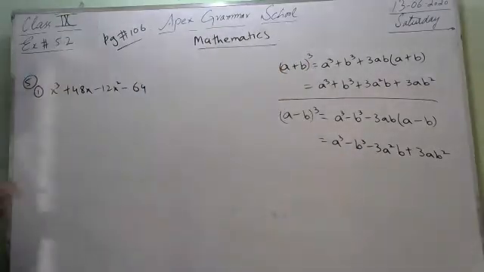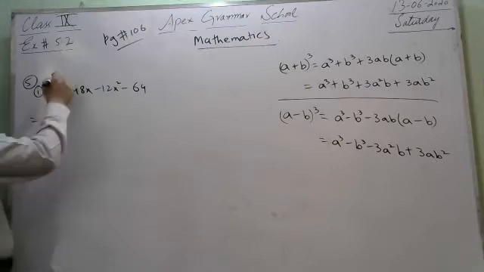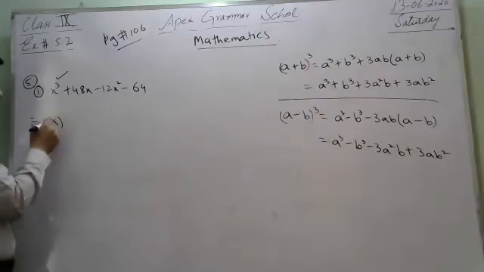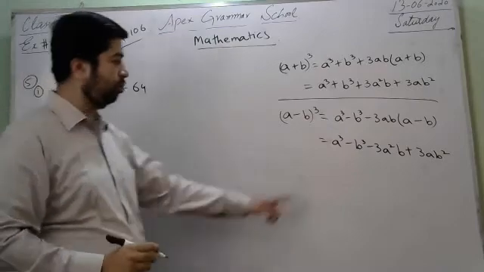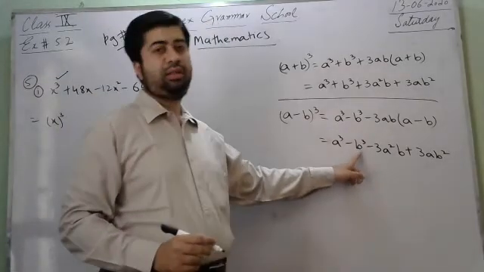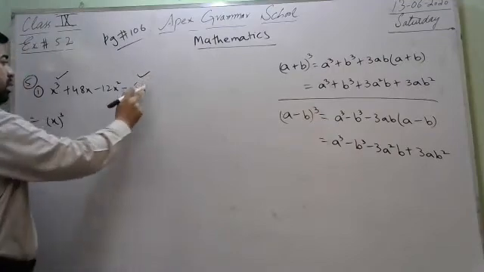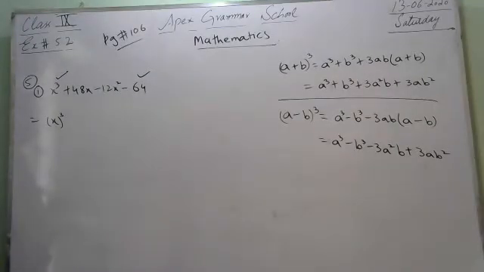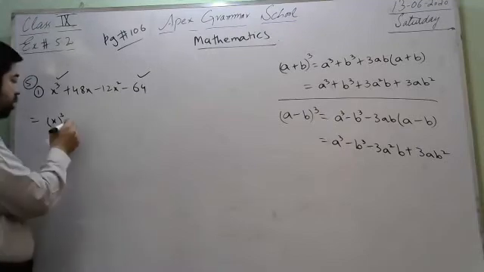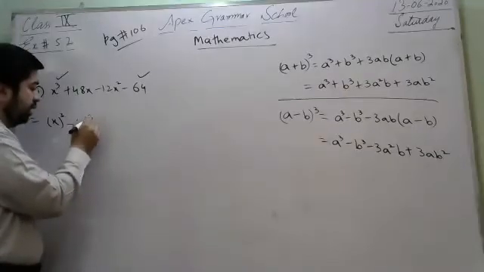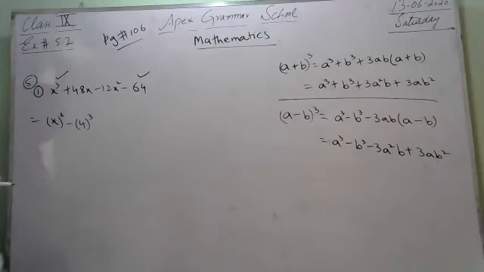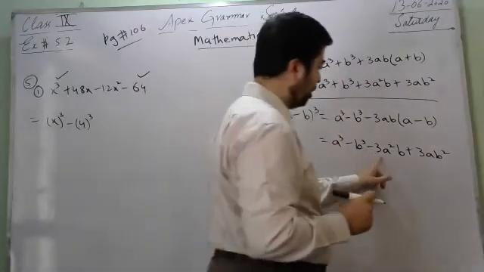So you have to find 2 cubic terms. First is x cube. This is basically a cube. After that, another cubic term with negative sign, you can see that it is minus 64. So 64 is 4 cube. You can say that this is b cube. After that, you have to find minus 3a square b.